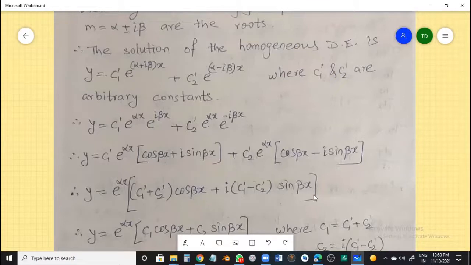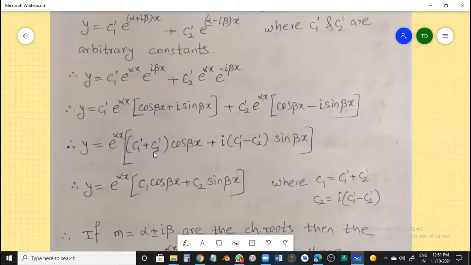We know i is a constant, and C1 dash, C2 dash are also constants. So we can replace this one by C1 and this one by C2, as I have said here. And y takes the form e raised to alpha x times (C1 cos beta x plus C2 sin beta x). Got this?